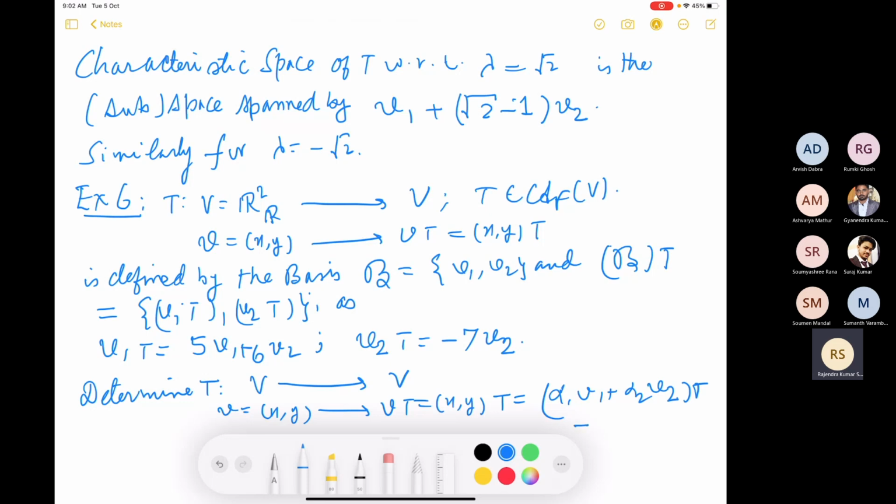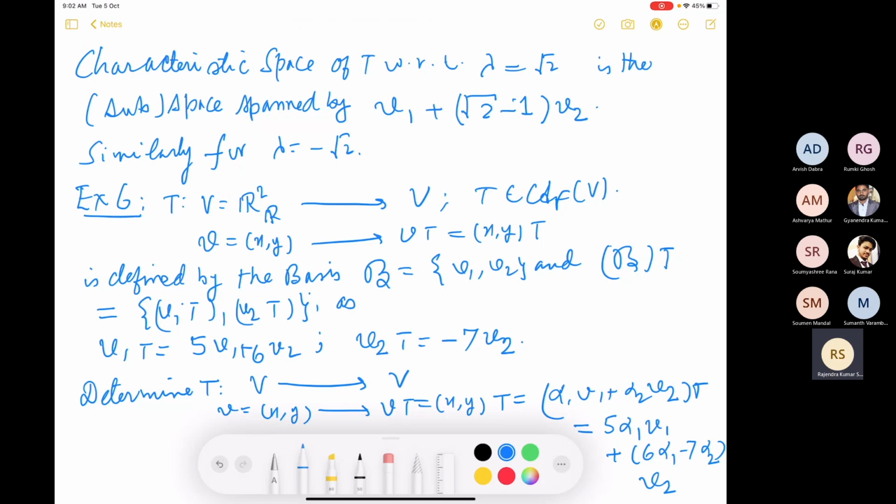If you use like this, then this will turn out to be, but that is for you to verify, 5 alpha 1 v1 plus (6 alpha 1 minus 7 alpha 2) v2. So verify, that is very good.